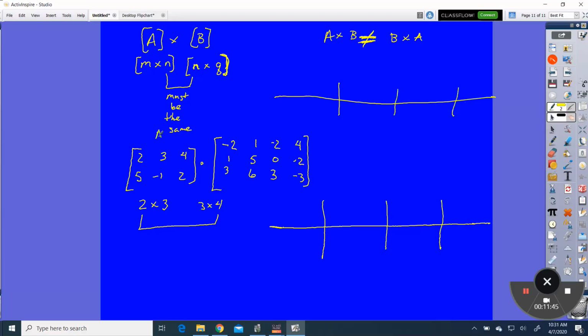If I call this matrix A and this is matrix B, here's how this works. A11 is multiplied to B11, the first one. And then we're going to go A, still in the first row, but the second column, times B12.